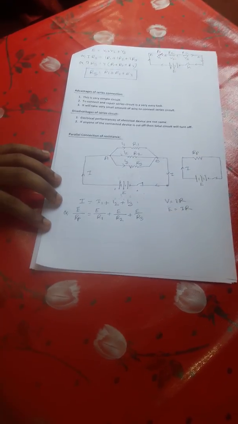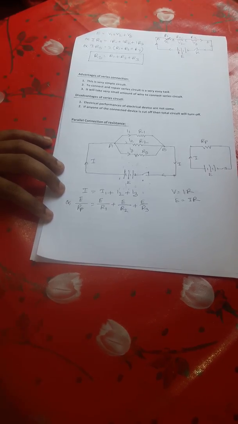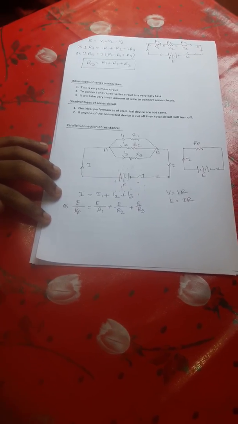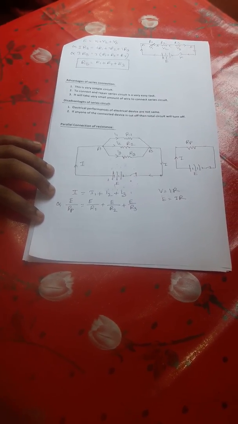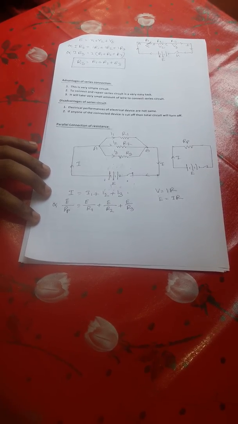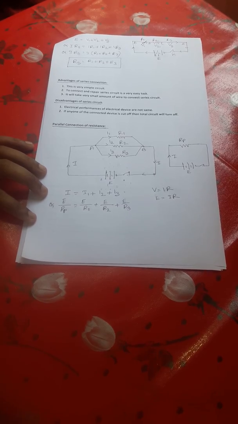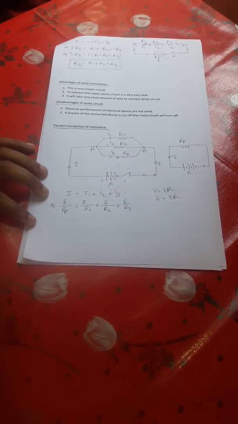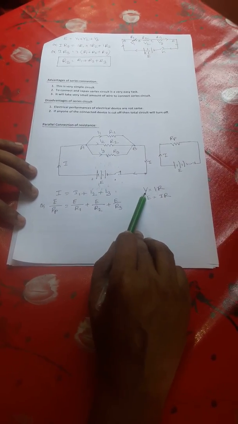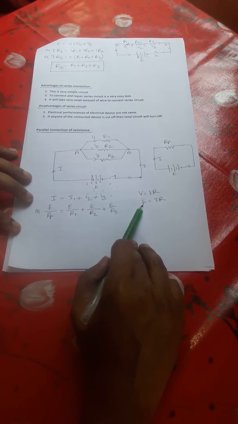I repeat, since there is no other resistance rather than this parallel connection, the voltage drop between AB will equal the electromotive force. That's why I'm using here V replaced by E.